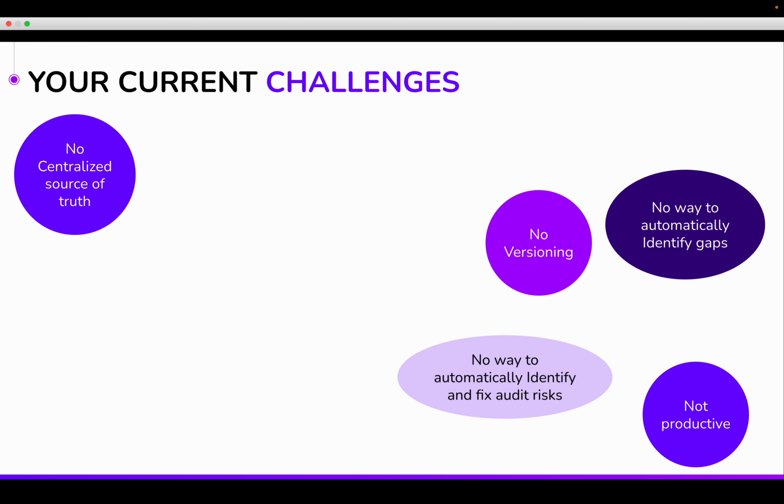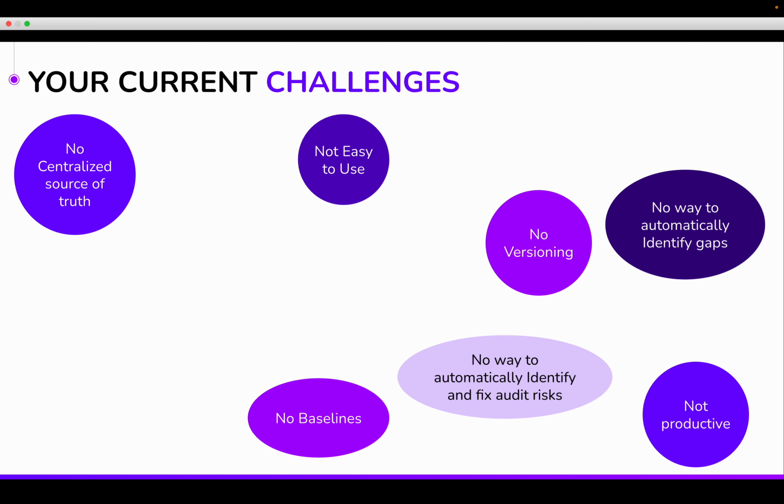You don't have a solid versioning ability because these requirements change on a regular basis. The body that does the audits might say, in 2025, these are the requirements. In 2026, we have modified them slightly. And you want to be able to maintain the different versions of those requirements. You want to be able to baseline at a certain point in time and be able to say, well, in 2025 January, this is what the source of truth looked like. Since then, we've been following it, but here are the changes.